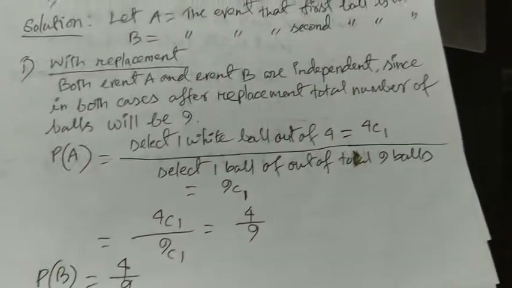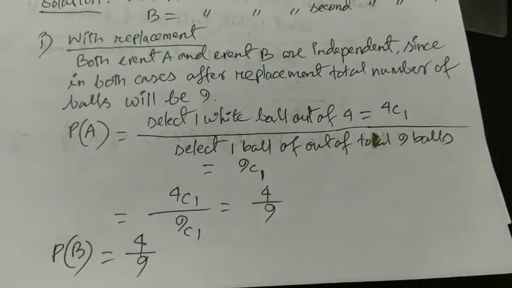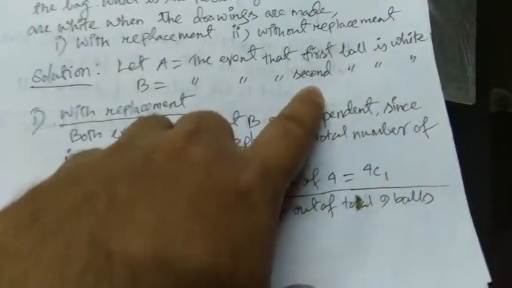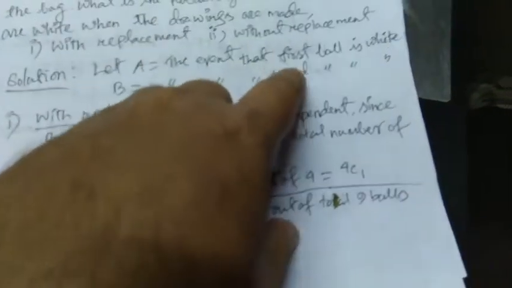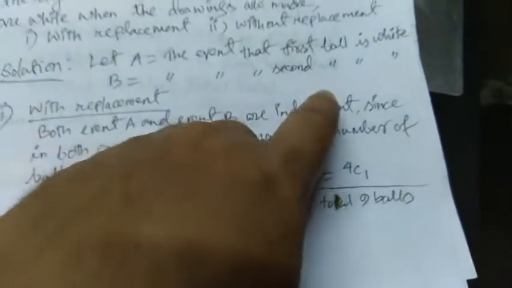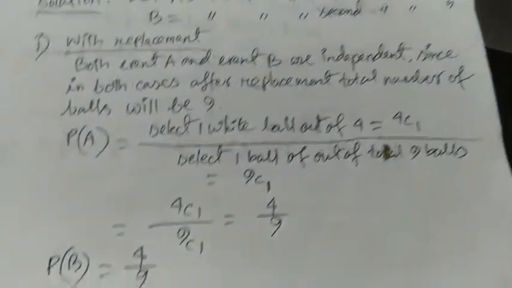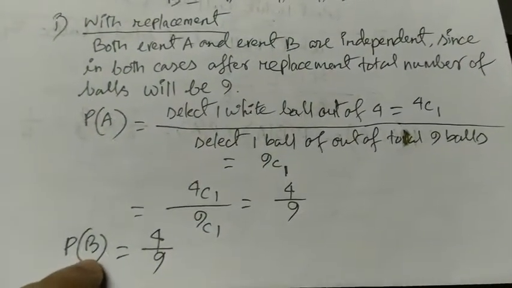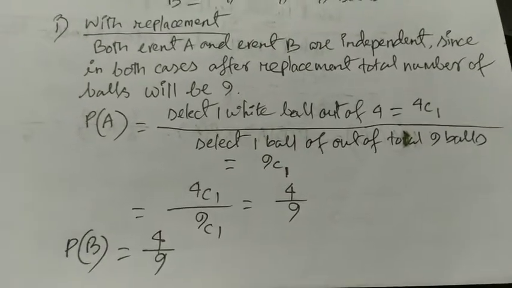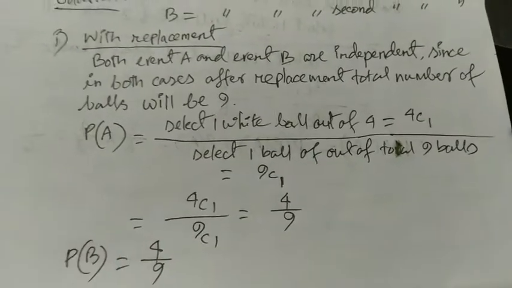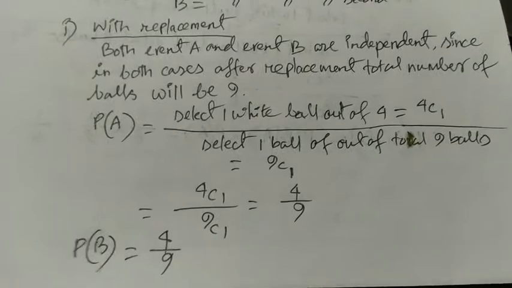Similarly, the probability of B is also 4 by 9. B means the second ball is also white: the first ball is white, and the second ball is also white. When you pick the second ball, getting white is similar to getting the first ball white, because you are replacing the ball.